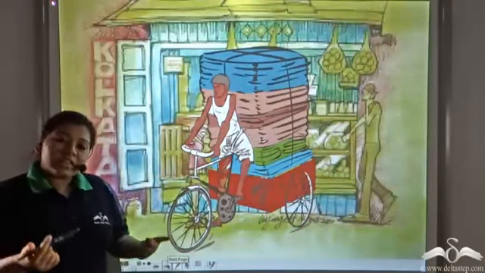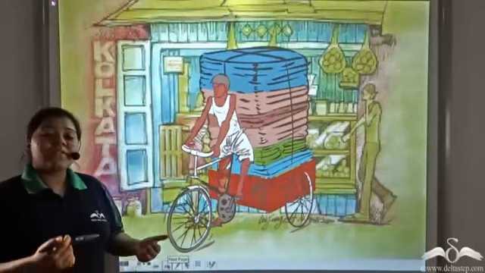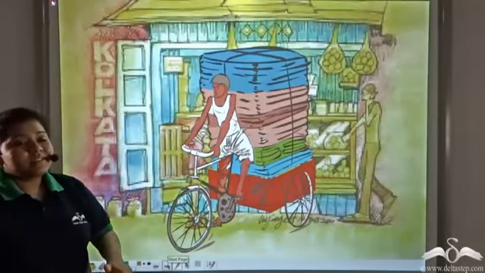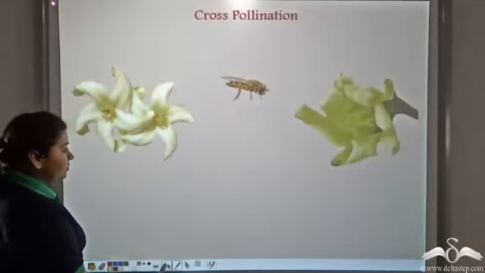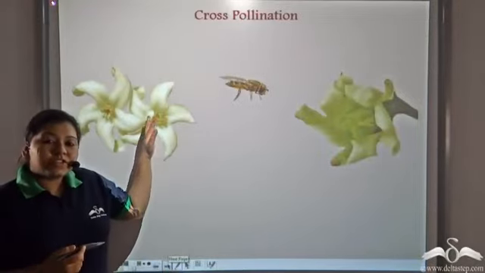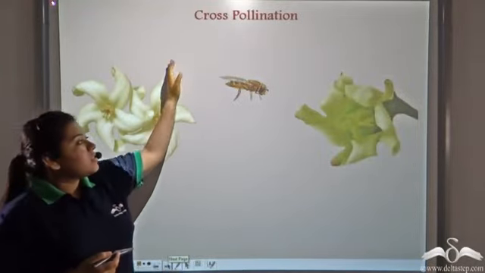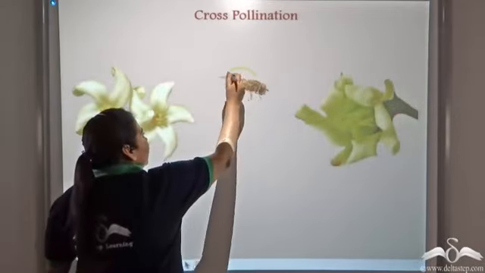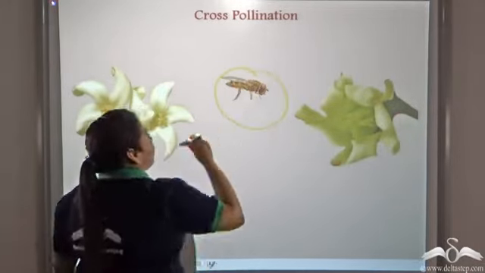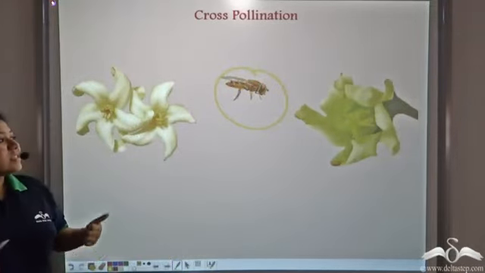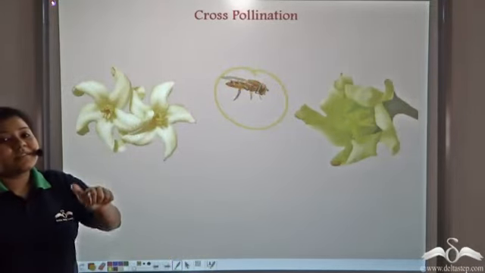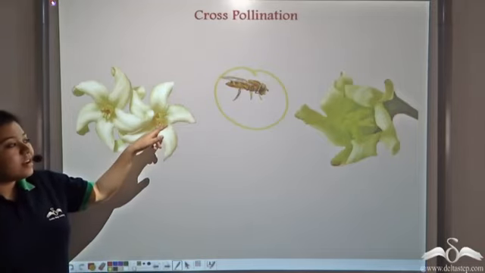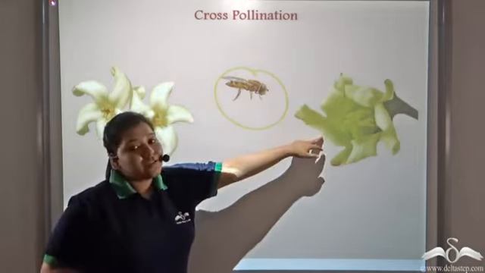So they need a transporter to transport the clothes from the first factory to the second factory. Similarly, in cross-pollination, a transporter like a bird or an insect is required to make the transfer of pollen grains from the male flower to the stigma of the female flower.